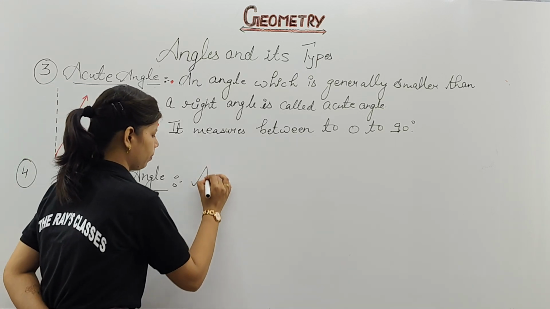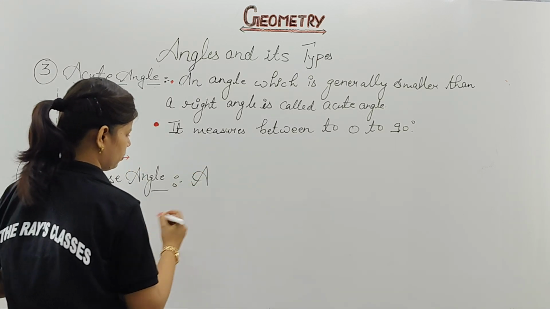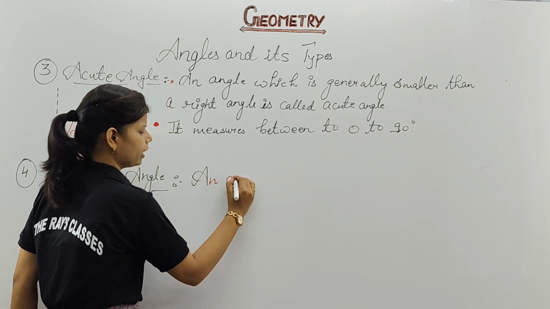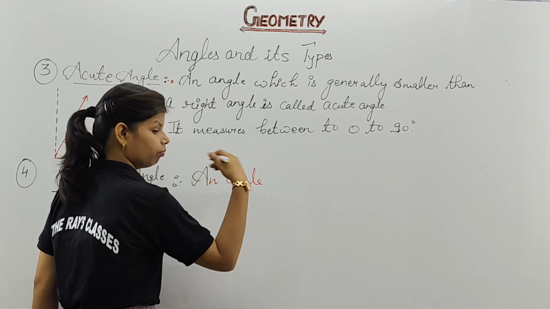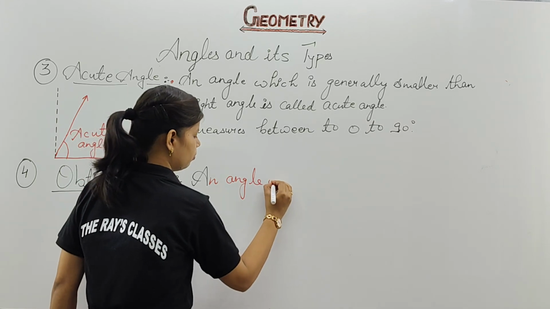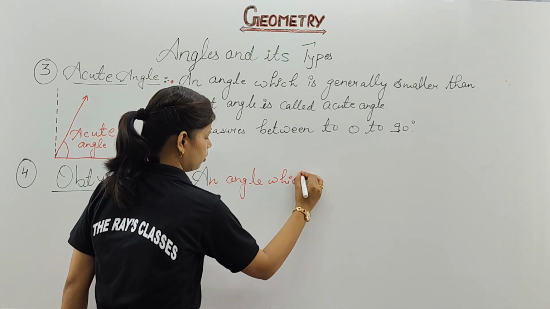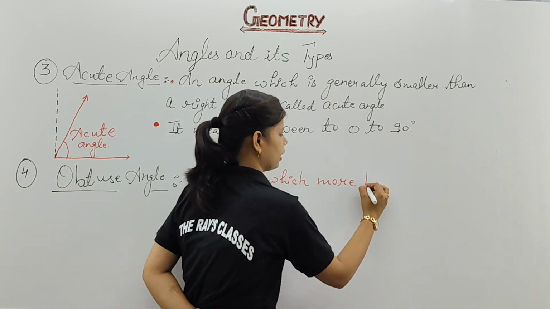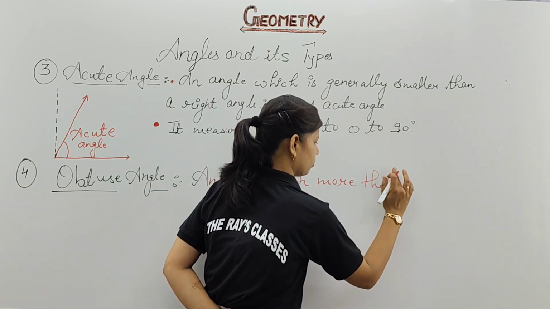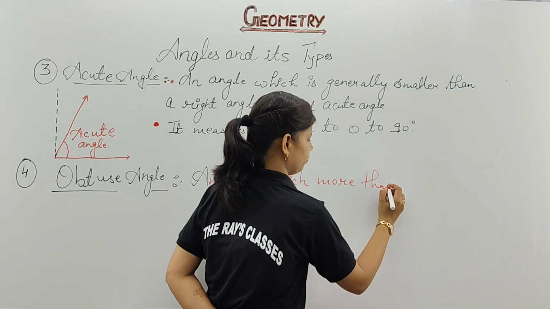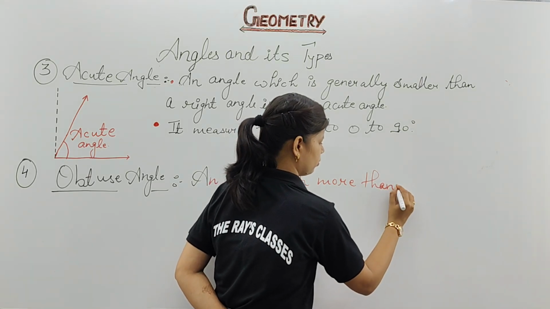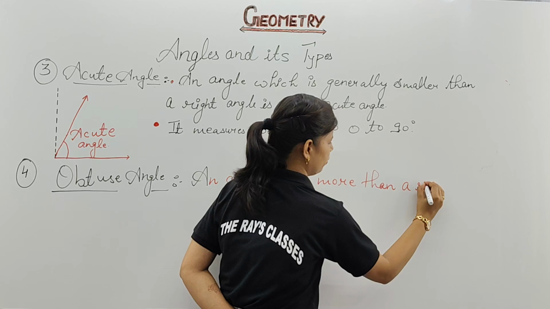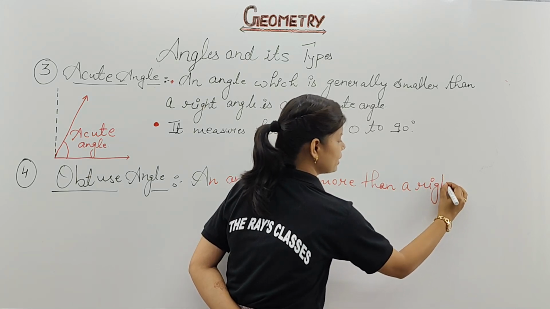Write the definition: an angle which is more than a right angle, more than 90, and it is less than what?